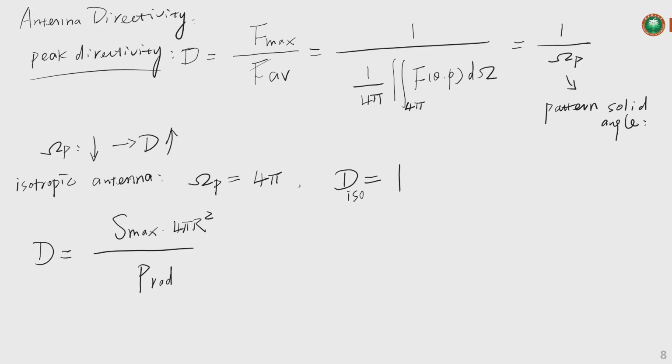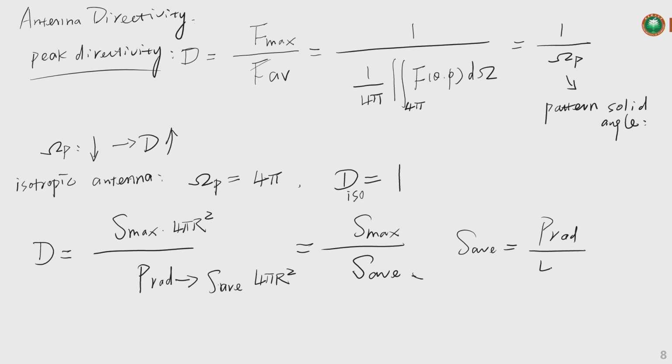For an isotropic antenna, the power is distributed uniformly across the whole sphere surface, so the average power density can be expressed as the radiated power divided by 4 pi r square.